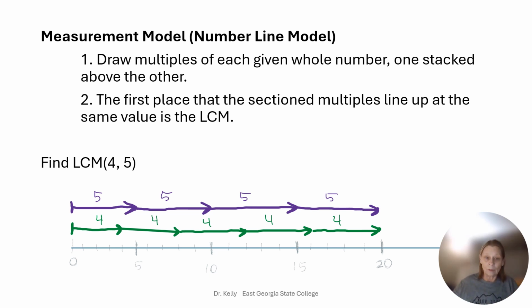You can see here that they lined up at 20. We could continue this, and they're sure to line up again at 40, which is 2 times 20. So we could extend this out.